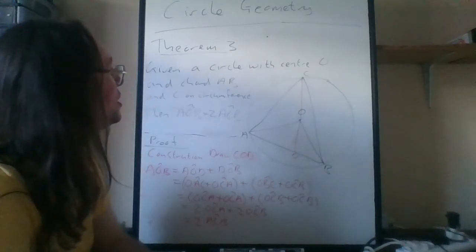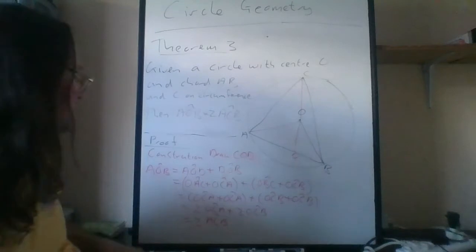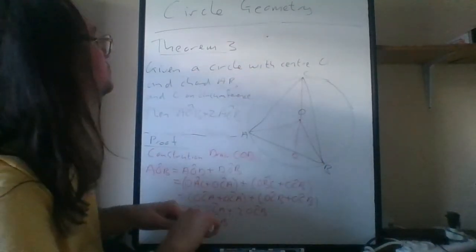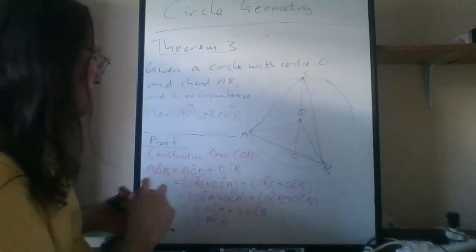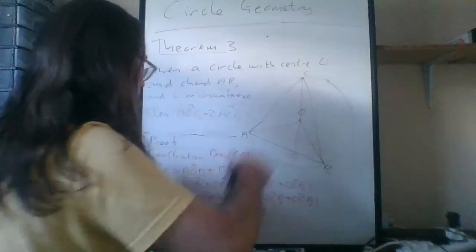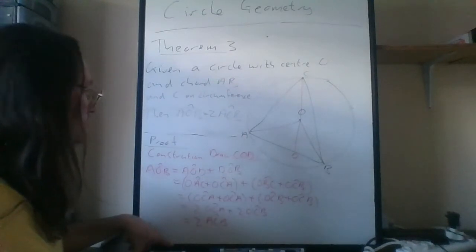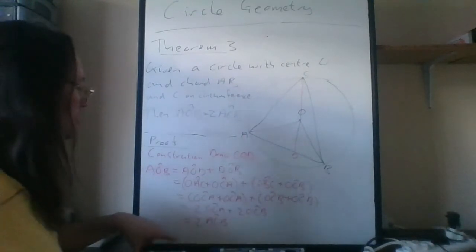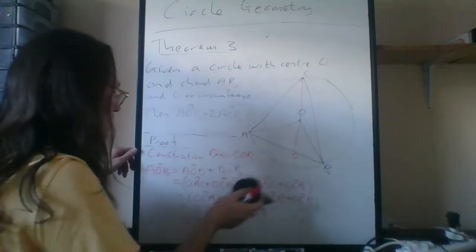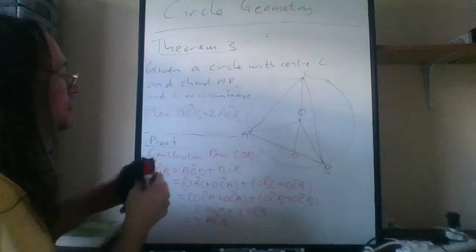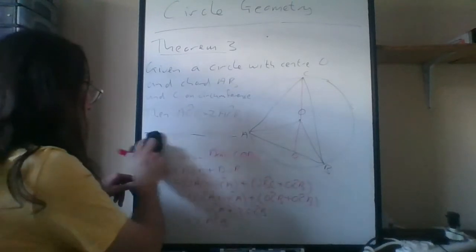I'm actually going to list the corollaries here at the top. Okay, so this actually is supposed to be below, but I don't have space on the board. Let me just wipe the proof out, and then I'll put the corollaries here at the bottom.